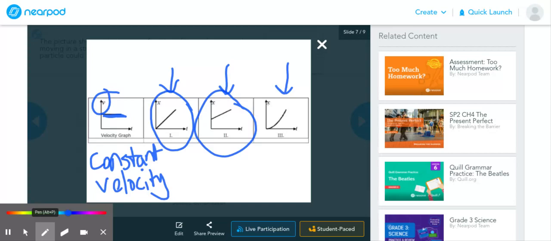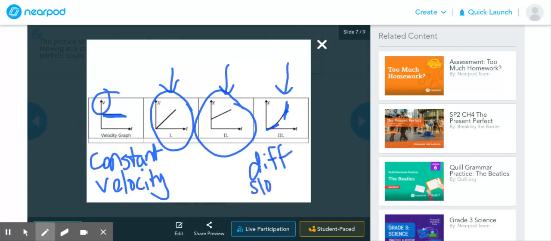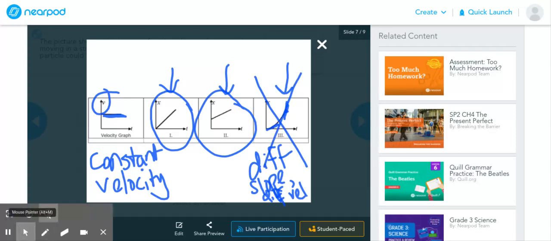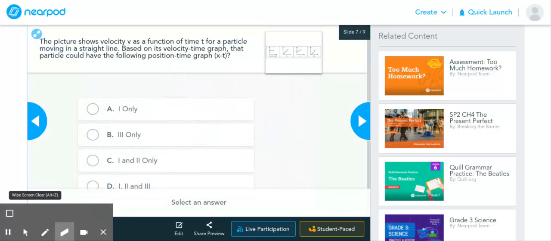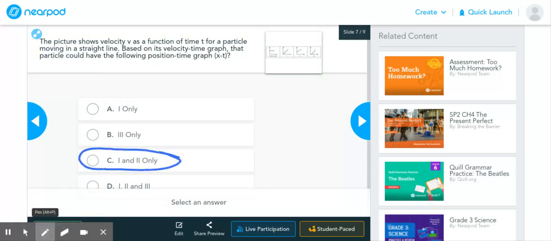Similar to what I showed you guys before, the slope right there is different than the slope right here. Different slopes, different velocity. That's messy. You can't see that, but that's okay. So nope for that one. So it's 1 and 2. And that is C, 1 and 2 only.